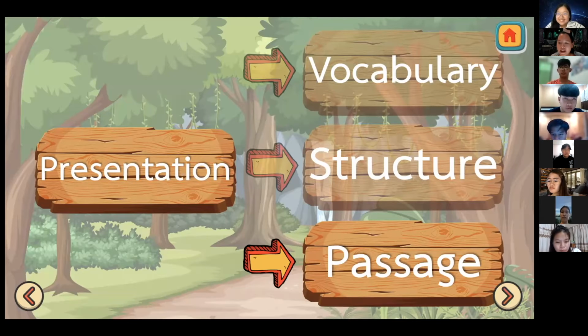Can anybody give me 3 words of modal verbs? Can, could, may. Yes, very good. And this part is about a passage. Everyone understand? Okay, let's move to our passage.